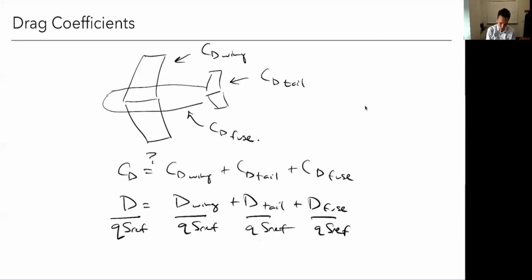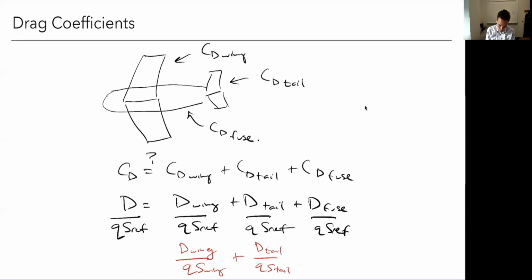If I had used different reference areas, if I had used D wing over Q over S of the wing, but over here I use the tail, then I can't just add these together. So generally what one does is we use the same reference area for all the components, and we still just use that trapezoidal area for the wing.